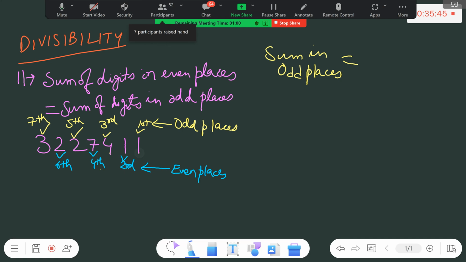See? 1, 4, 2, 3, isn't it? It will be 3 plus 2 plus 4 plus 1, right? It is equal to 10.